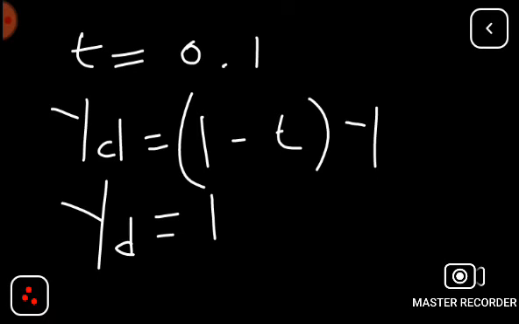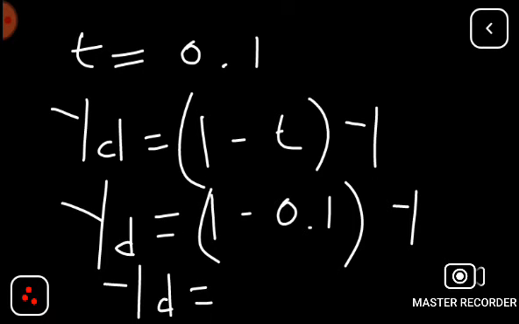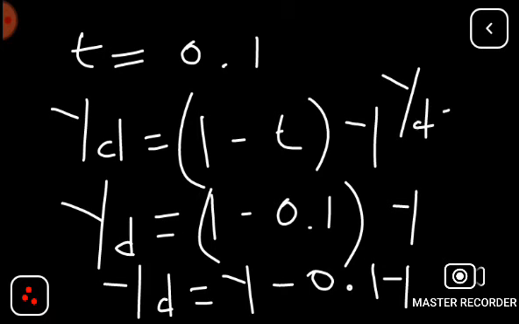The t is 0.1, so we put 0.1 there, and we have our y outside. I'm just expanding that expression, and so our disposable income is 0.9y.